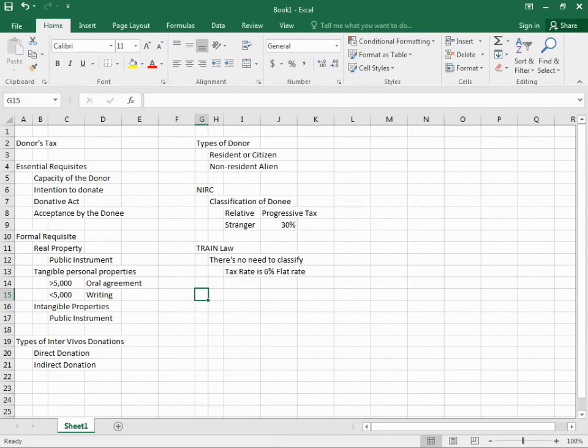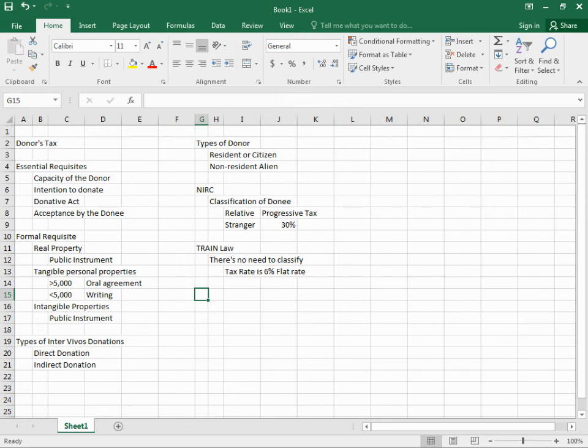Okay, it will no longer be part of our donor's tax. But if it is not a capital asset or it is a personal asset, then our rule on the insufficiency of consideration will apply. Okay? So kapag gross insufficient siya, then the difference will be subject to our donor's tax. Okay, so that is the difference. Kapag capital asset, syempre sa capital gains tax siya.